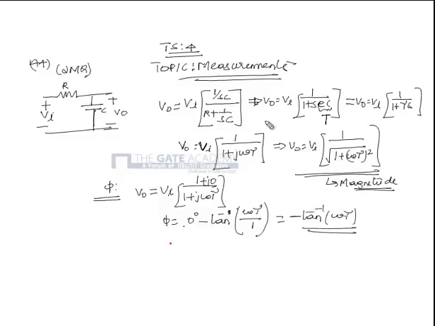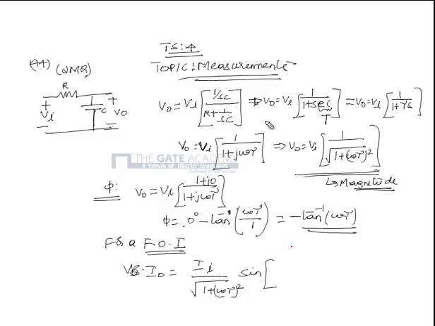From here we can generalize that for a first order instrument with a sine wave input, the output is the input scaled by 1 over the square root of 1 plus (omega tau) whole squared, with a phase shift phi, where phi is minus tan inverse of omega tau.